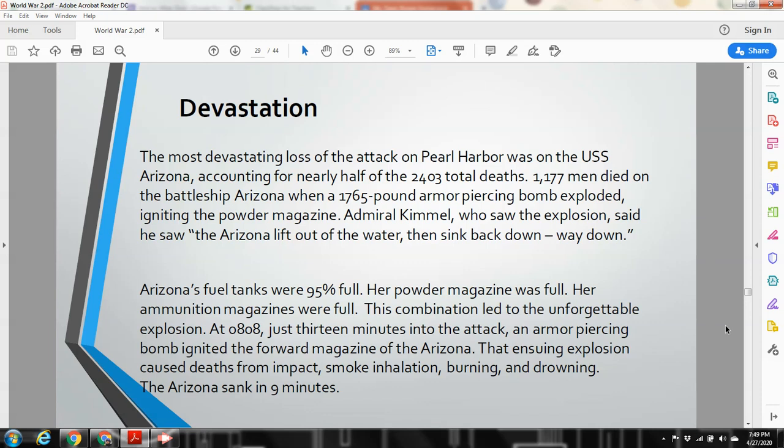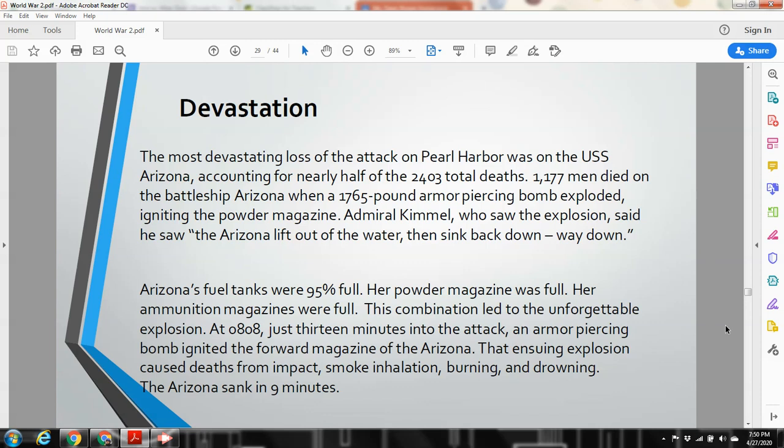Admiral Kimmel, who saw the explosion, said he saw, I quote, "the Arizona lift out of the water, then sink back down, way down," end quote. The Arizona's fuel tank was at 95% fuel. Her powder magazine was full. Her ammunition magazine was full. This combination led to an unforgettable explosion.